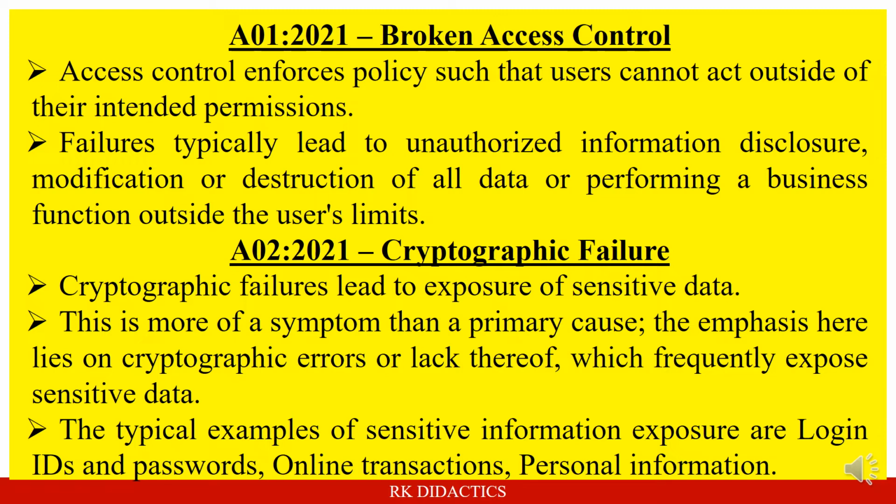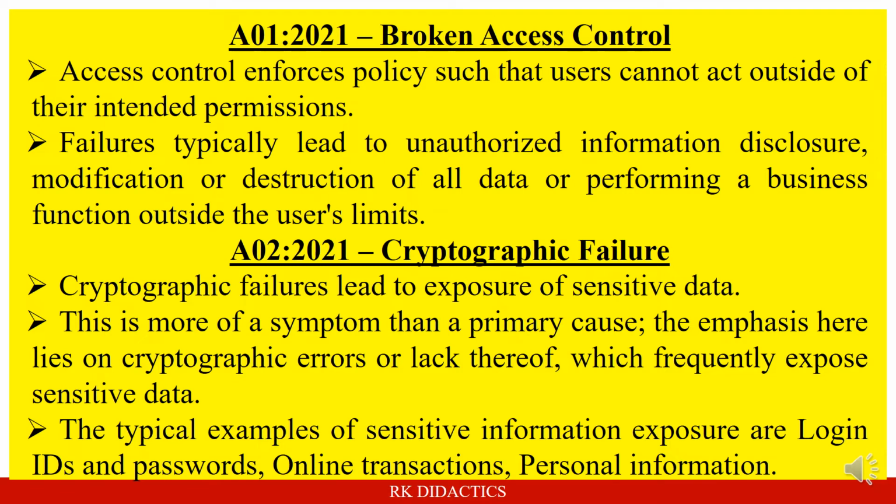So this is more of a symptom than a primary cause. The emphasis here lies on cryptographic errors or lack thereof, which frequently expose sensitive data. So why does this failure happen in this system? Because there are some errors in the cryptography. So this should be taken care of.